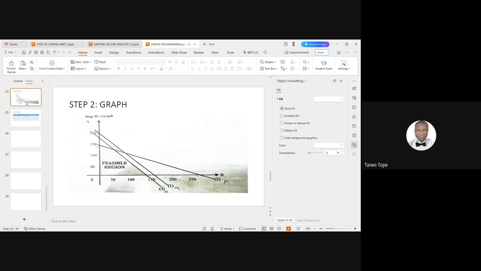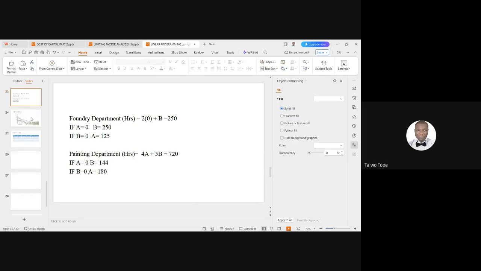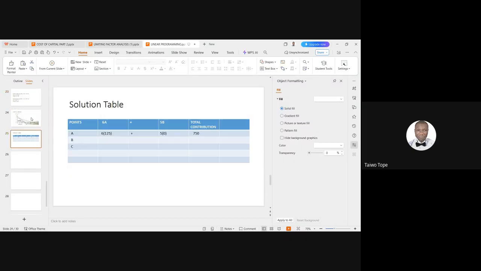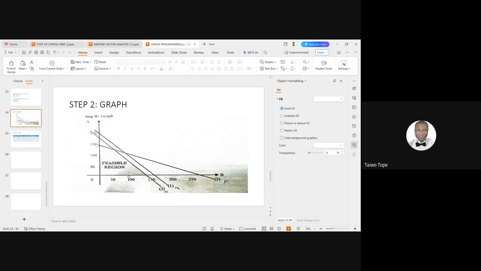At point C, the value at point C, though this is not correct, is the painting value. What is that value at point C? Painting, that is B, 144. Yes, C is 144.